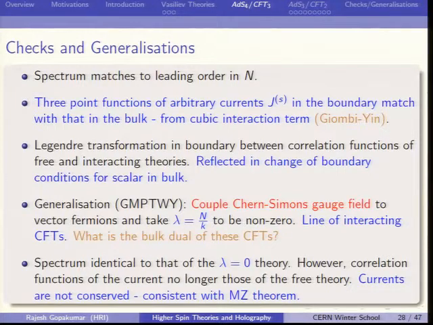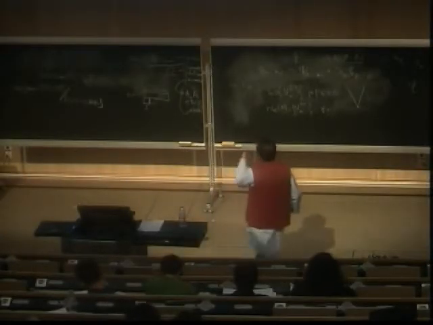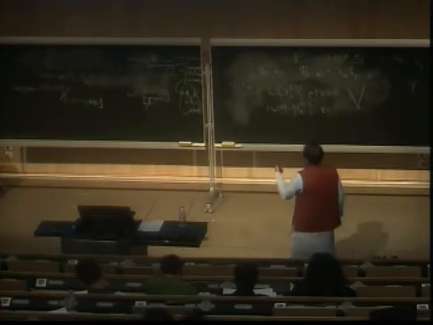However, correlation functions are no longer those of the free theory, and this is related to the fact that the higher spin currents are not conserved. I mentioned this Maldacena-Zhiboedov theorem in the beginning, that if you have higher spin symmetries in three-dimensional field theories, the correlation functions should be those of free theory.